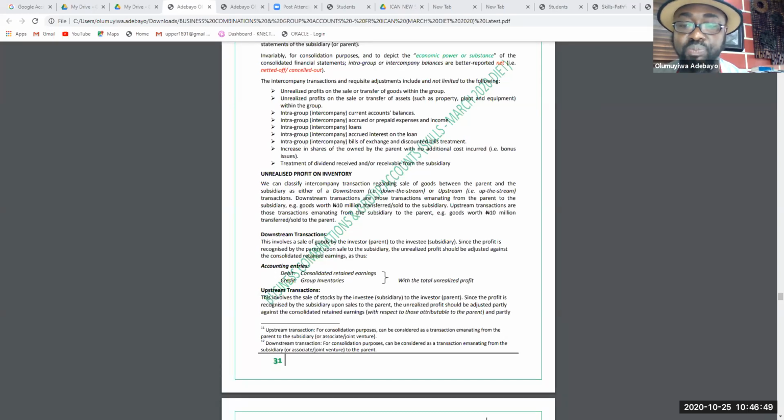Unsold? Now, if the subsidiary has sold them, probably the subsidiary sold them for 13 naira. You know, the subsidiary will have made 1 naira profit. Now, in this case, we will say this 2 naira is entirely realized.